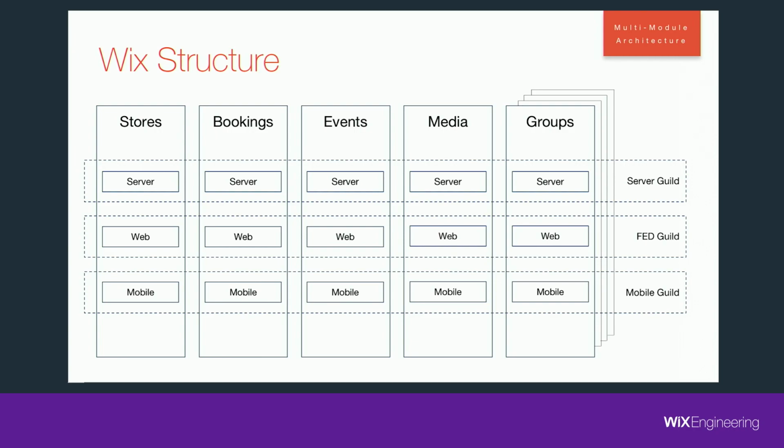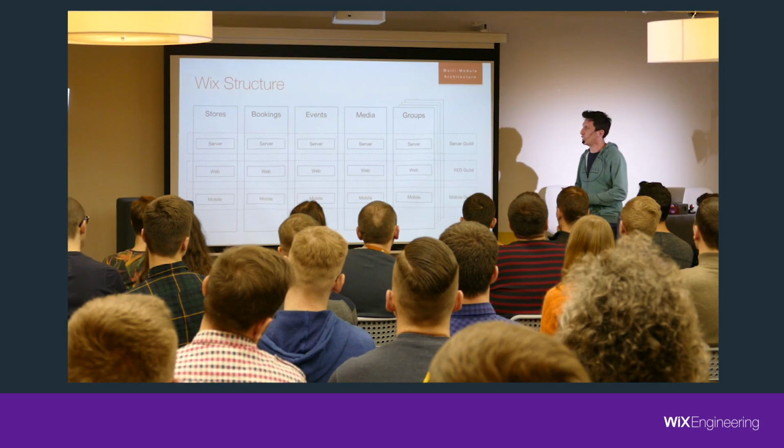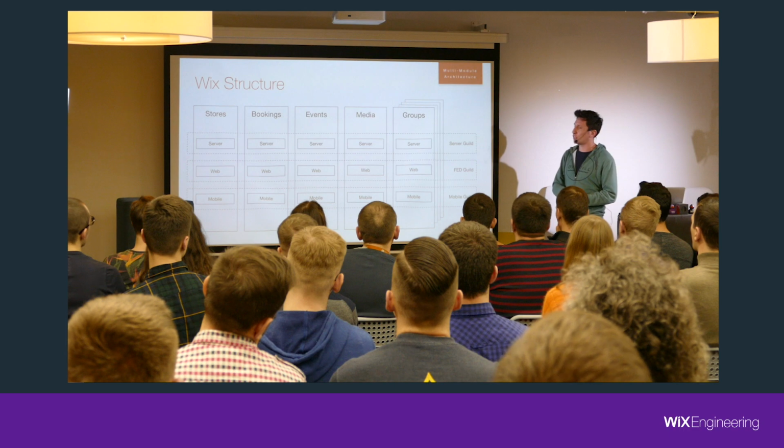And in each of these companies, we have a server team, we have a web team, and we have a mobile team. The same for QA, the same for product, and for all the rest of the employees. And each company is fully independent. There is an R&D manager, a CEO, like a small startup.